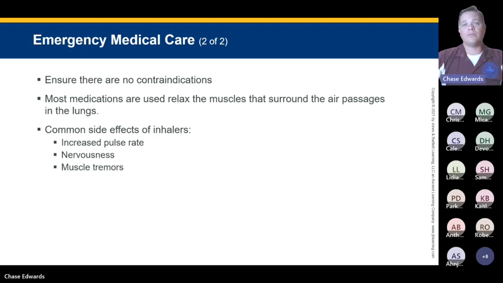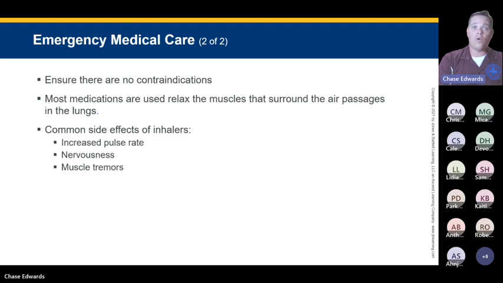All right. So also ensure that there are no contraindications to the patient's condition. So most respiratory inhalation medications that are used relax the muscles that surround the air passages in the lungs, leading to dilation of the airways. So some common side effects of inhalers are going to be like your increased pulse rate, nervousness, and muscle tremors. So medication from the inhaler is delivered through the respiratory tract to the lungs.